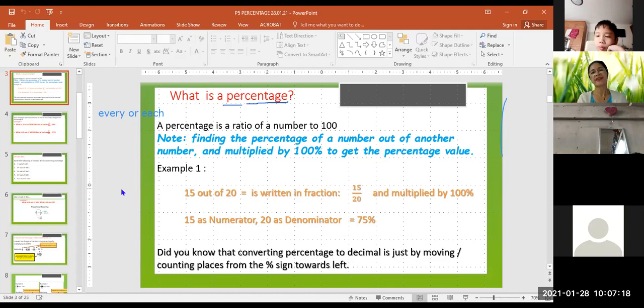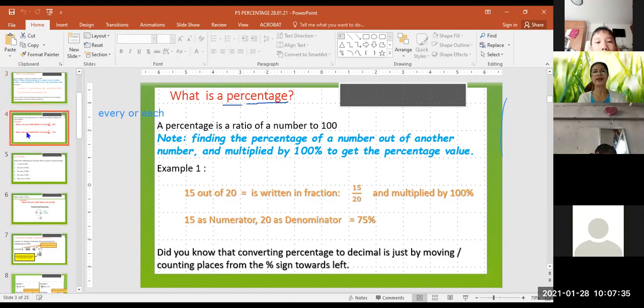Okay, so we say again that a percentage is actually a fraction, and a fraction is also a percentage, and a percentage can be converted into a decimal, and vice versa.